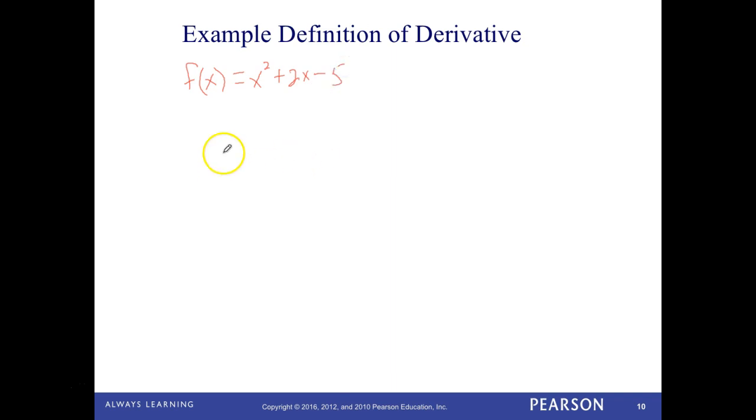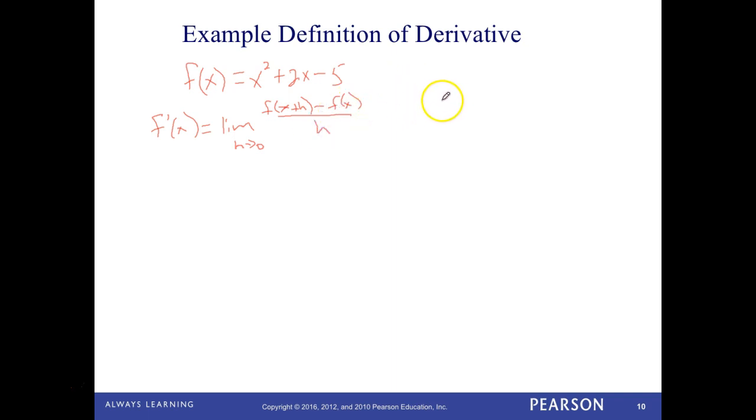So I want to find the derivative function here. Well, our definition of the derivative is the limit as h approaches 0 of f of x plus h minus f of x all over h.